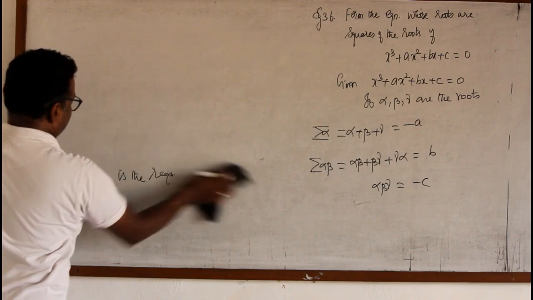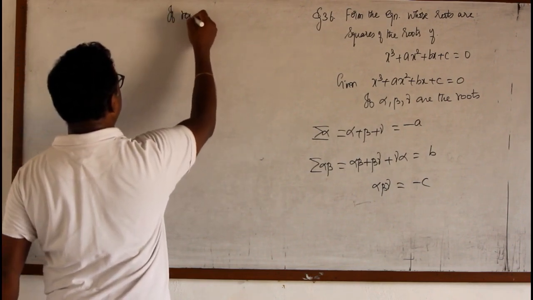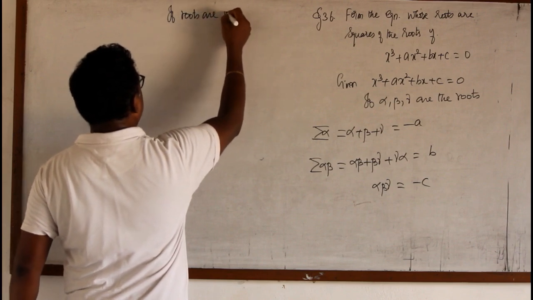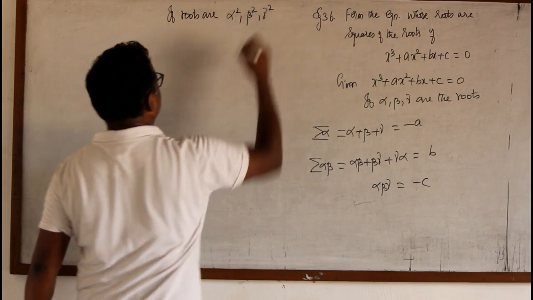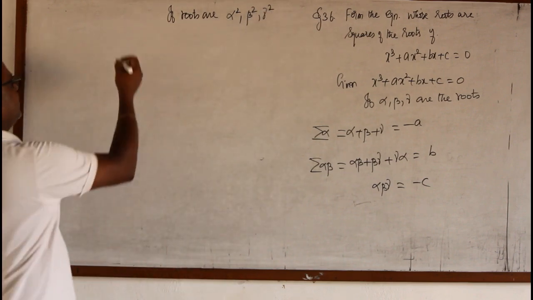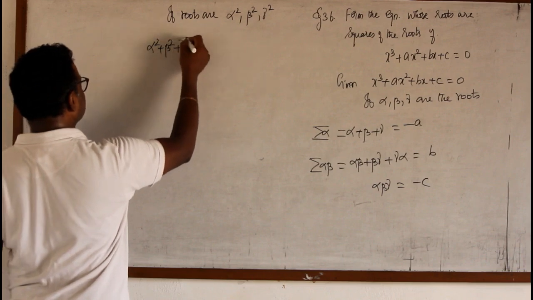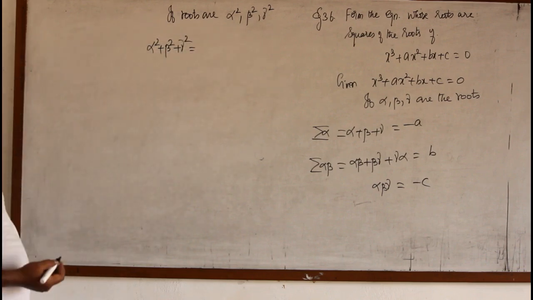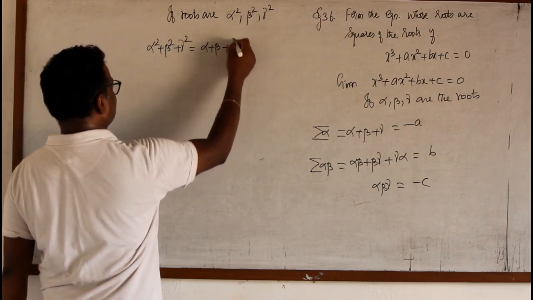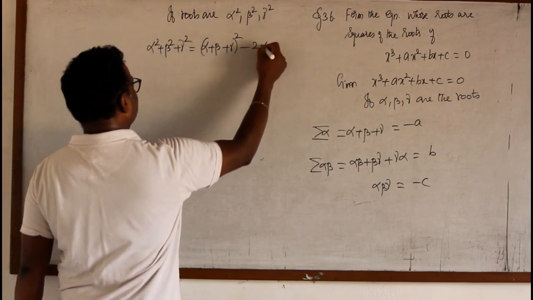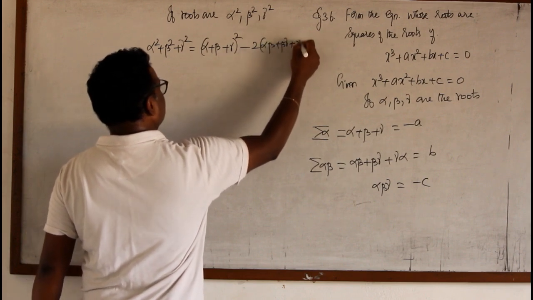Now if the roots are alpha square, beta square and gamma square, then we shall find the sum of the squares of the roots, that is alpha square plus beta square plus gamma square. We can write this as alpha plus beta plus gamma the whole square minus 2 times alpha beta plus beta gamma plus gamma alpha.